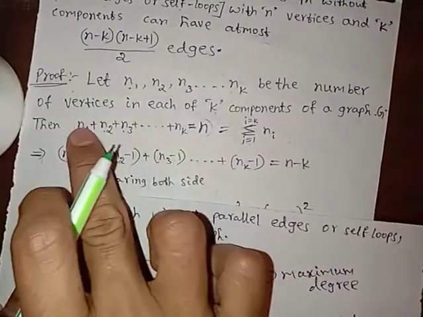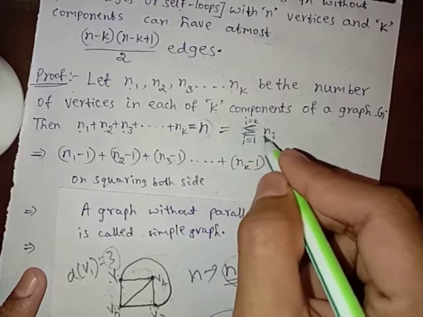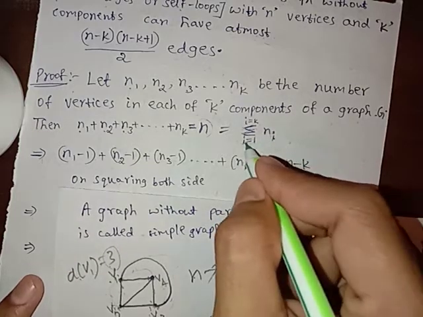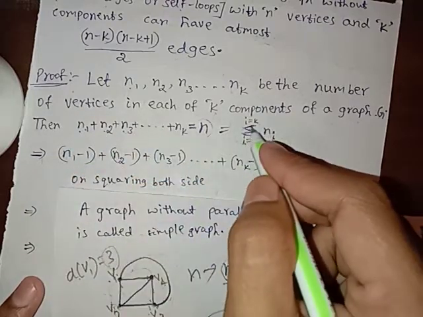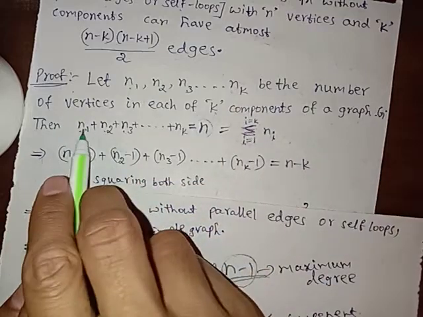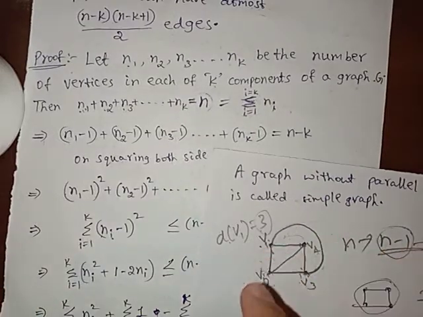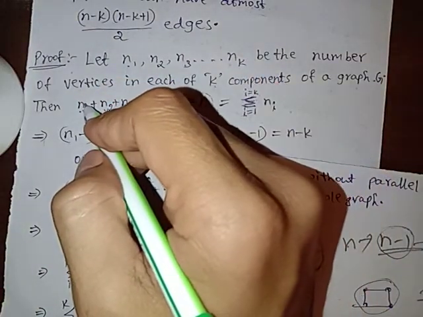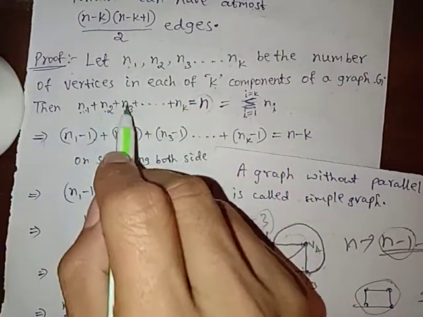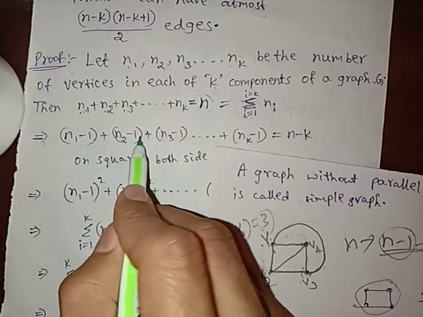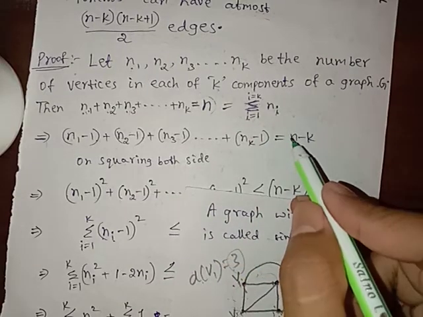We can denote this as the summation of ni from i is equal to 1 to i is equal to k. If we put i is equal to 1, it is n1; when we put 2, it is n2; this symbol shows summation, n1 plus n2 plus n3 up to nk. Now if we subtract 1 from each of these, n1 minus 1, n2 minus 1, n3 minus 1 up to nk minus 1, then we get n minus k.